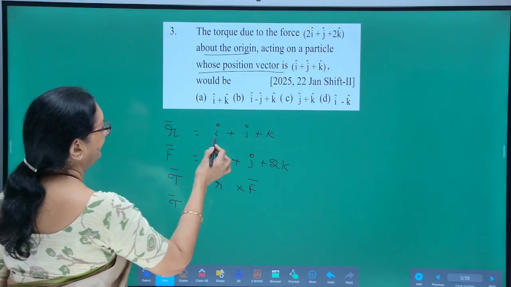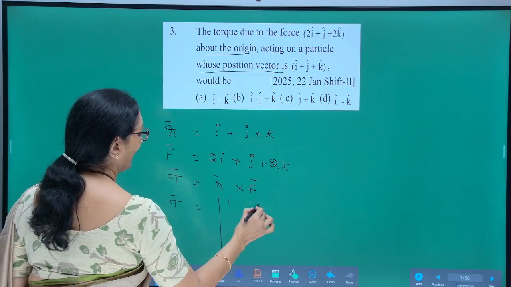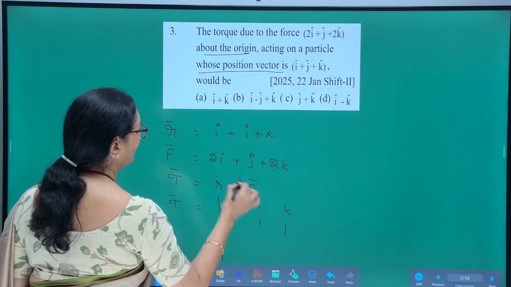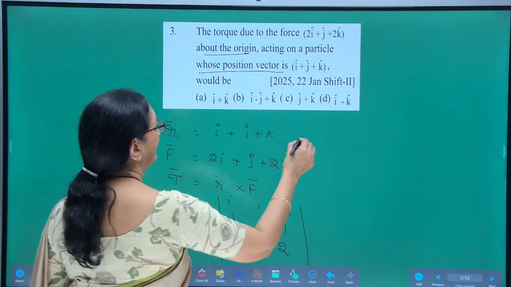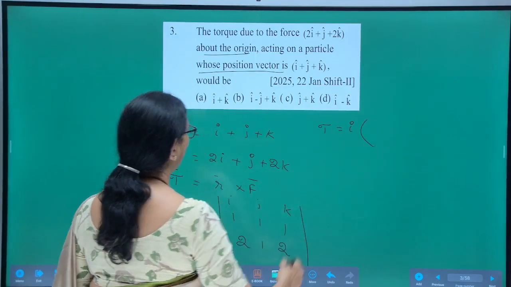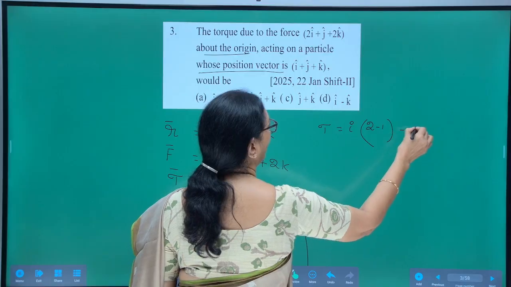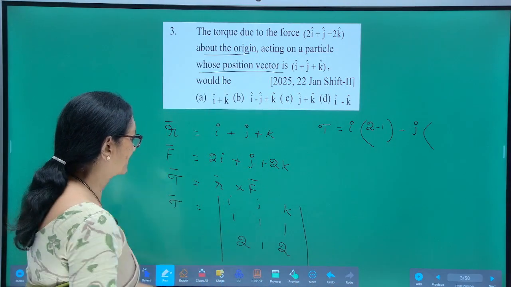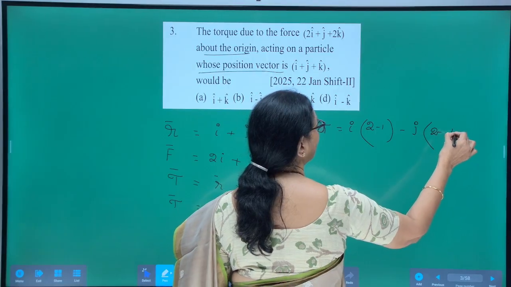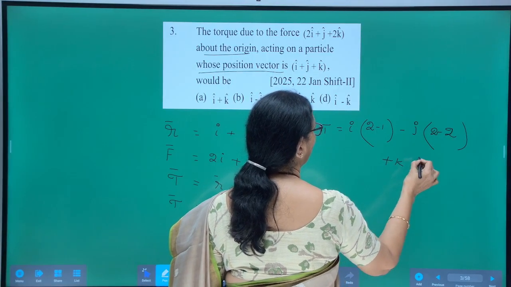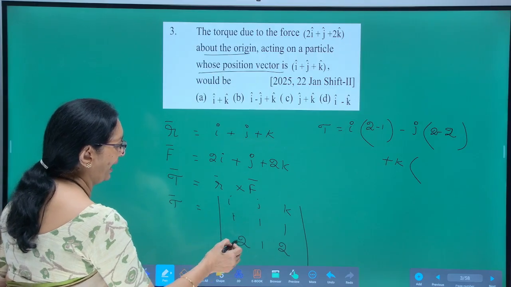So, here if you take the cross product, it is the determinant of these two: i, j, k, 1, 1, 1, 2, 1, 2. So, from this, the torque will be i bar into 2 minus 1, minus j bar into, if you close this, 2 minus 2, plus k bar into, if you close the row and column of k bar, 1 into 1, 1 minus 2.